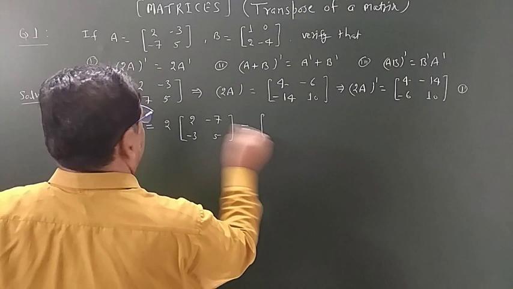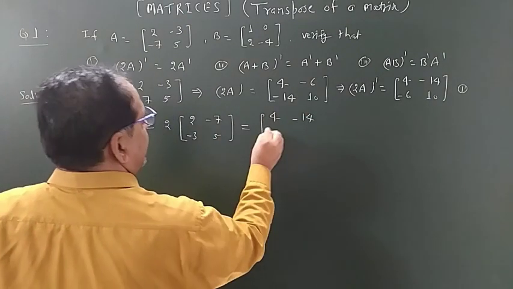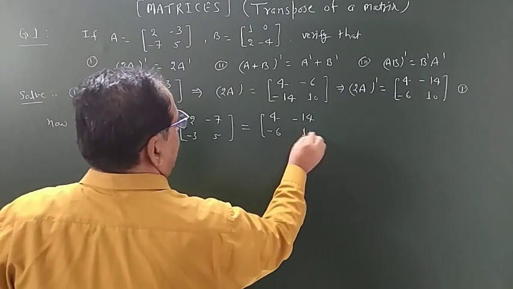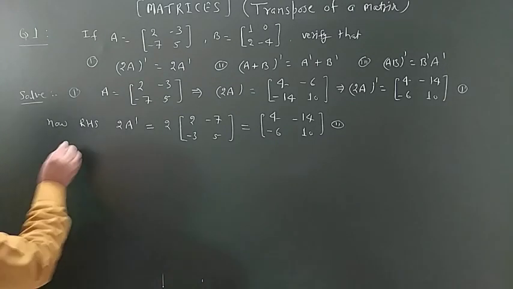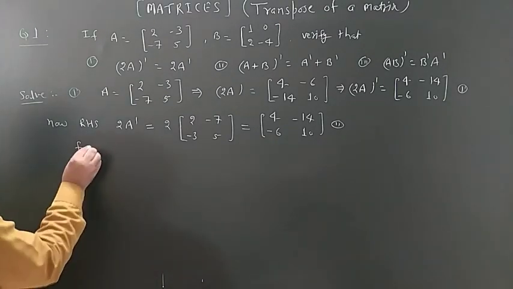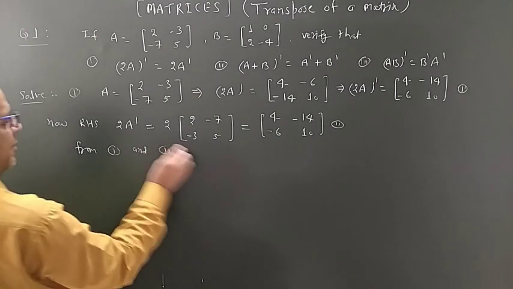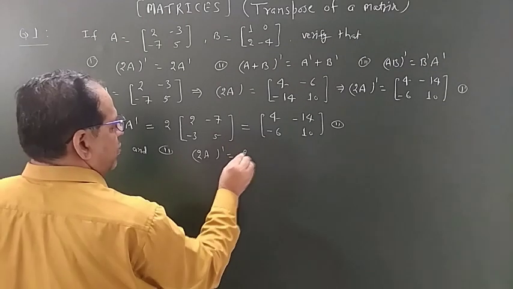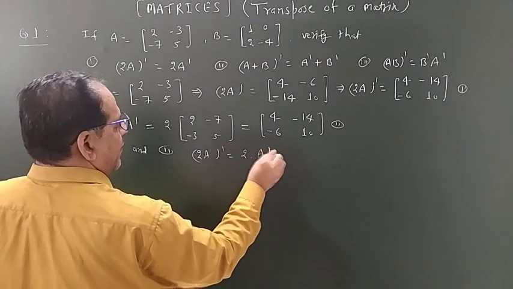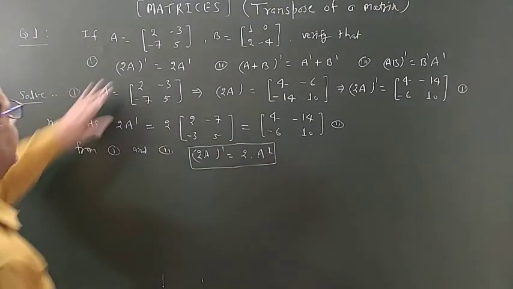When we multiply by 2, we get 4 -14 -6 10. This is the second equation. So from first and second, (2A) transpose equals 2 times A transpose. This is the first part of the question.